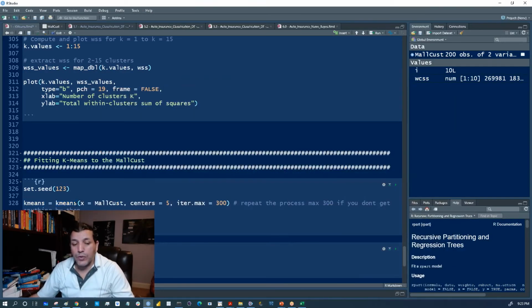I am going to use K-means, and it requires some parameters. Number one, it requires the data: we are going to give it 200 observations with 2 variables, we need to create 5 clusters, and we need to try 300 times before we determine the best clusters. So that's what we are going to do.